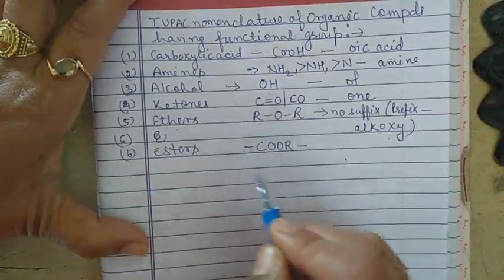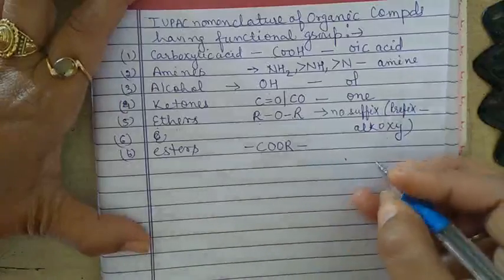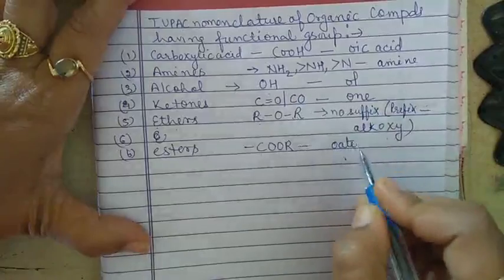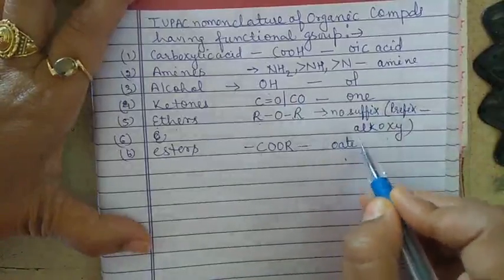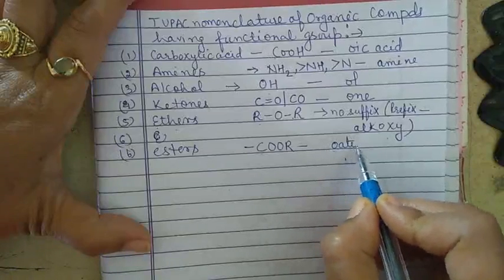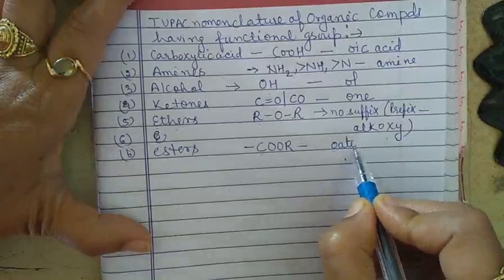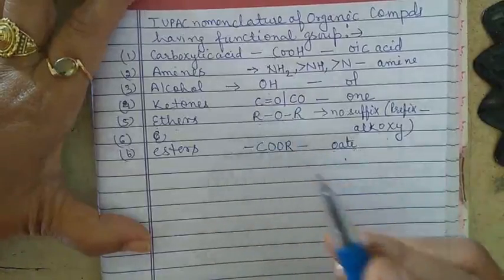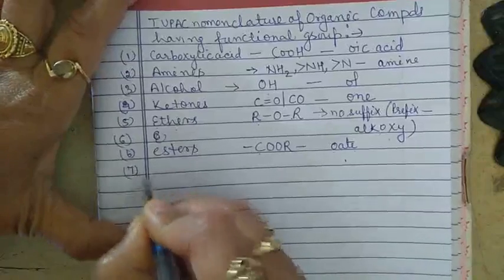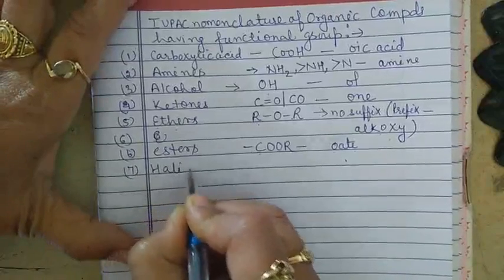COOR is the symbol for the ester, and for that the suffix is oate: ethanoate, propanoate, butanoate. This is the suffix which we use for the ester. These are the major functional groups, and one more functional group is called the halides.